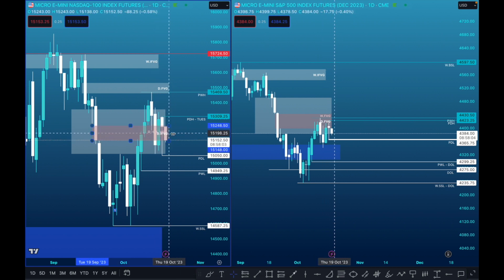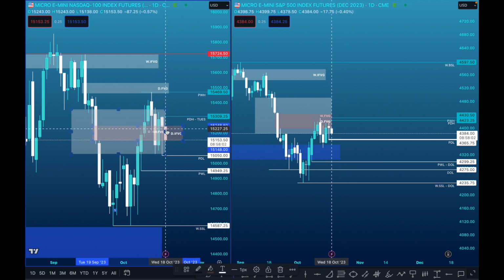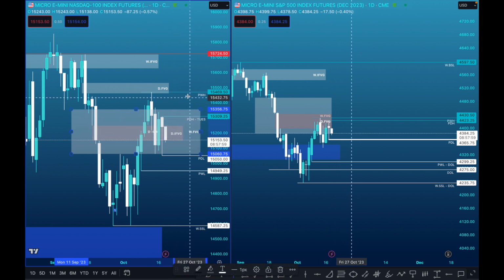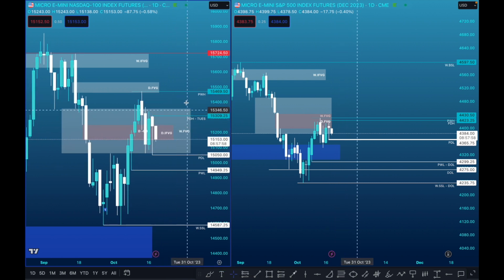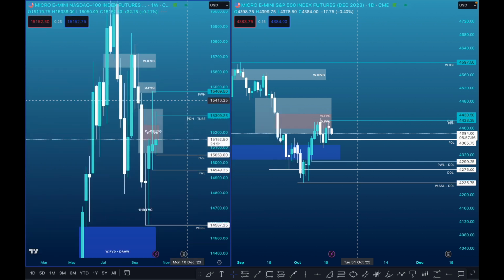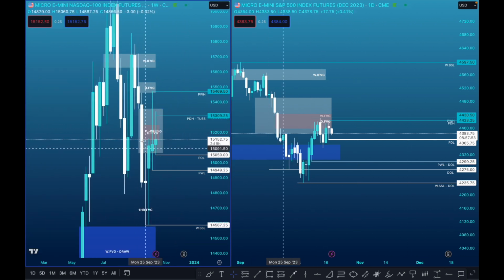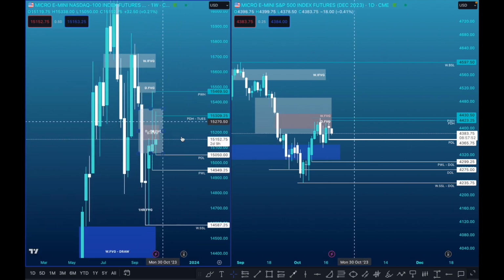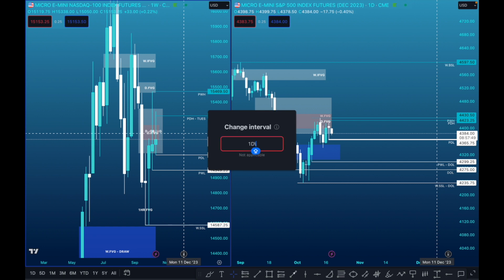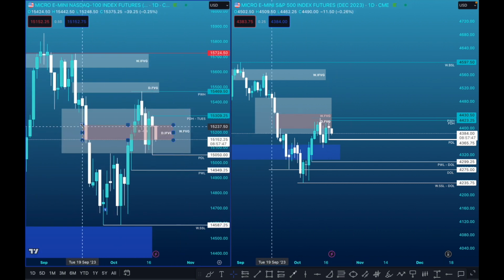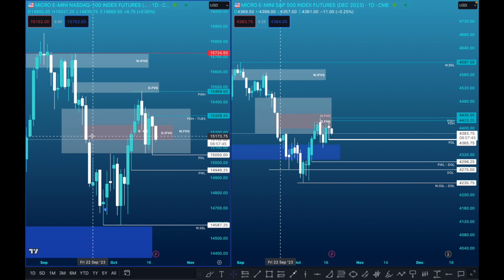Within that, we have a daily inversion fair value gap and a weekly fair value gap as well. So if we just go back onto that weekly chart, we can see that's the weekly fair value gap in there that we're trading in, and then zooming into that, there's this daily fair value gap in red in here.